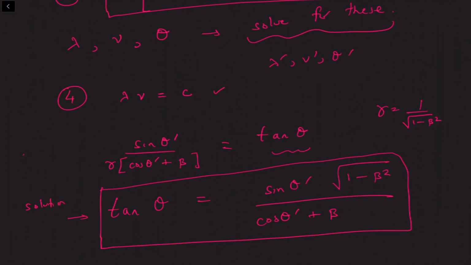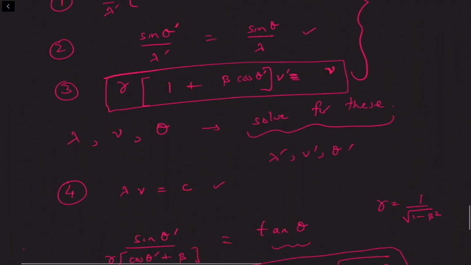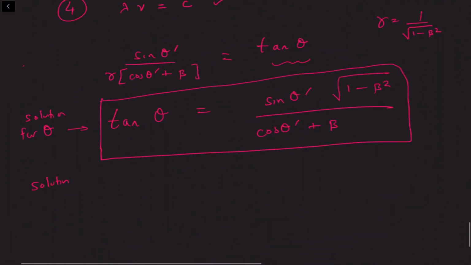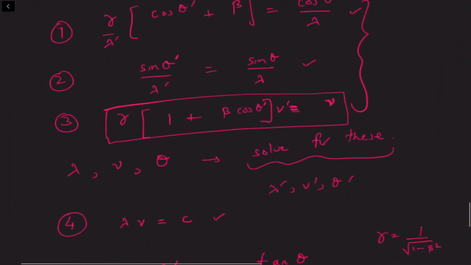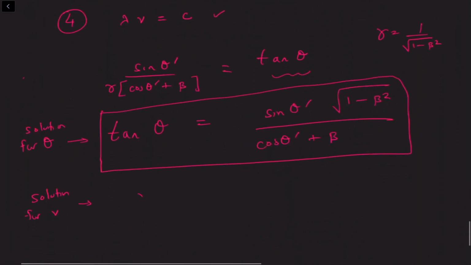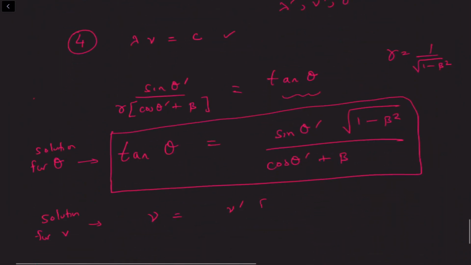Okay, so this tells us the solution for theta, and the solution for the frequency is directly seen from the third equation. Once we know theta, nu is nu prime times 1 plus beta cosine theta over the square root of 1 minus beta.